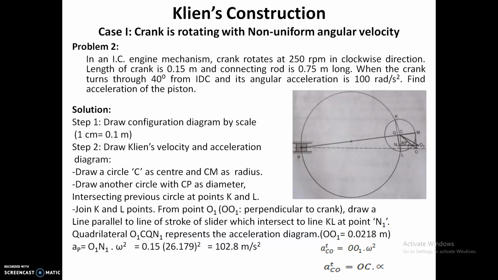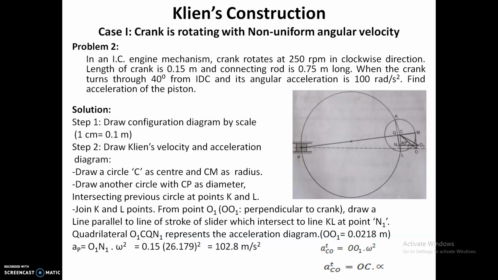In the problem, for the IC engine mechanism, the crank is rotating at 250 rpm in clockwise direction. The length of crank is 0.15 meter. The length of connecting rod is 0.75 meter.